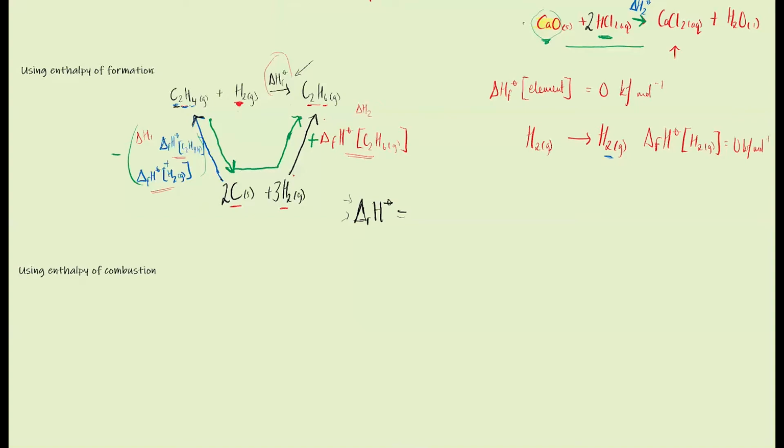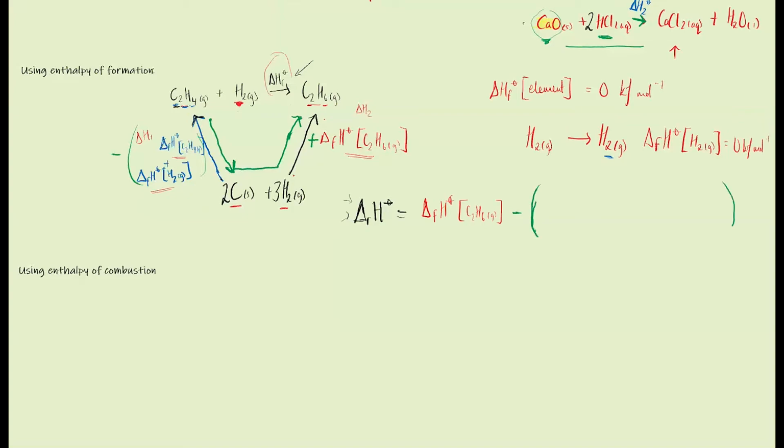So I always tend to put the positive first. So in fact, I will do that in red. So it's the enthalpy of formation of ethane minus, this is where I'll put minus in green, just open brackets.